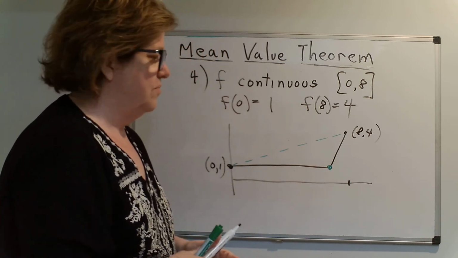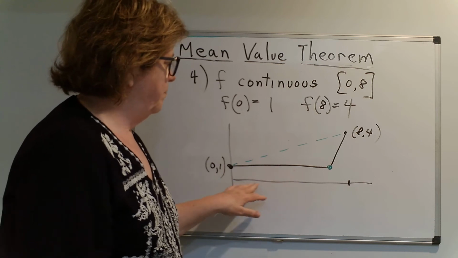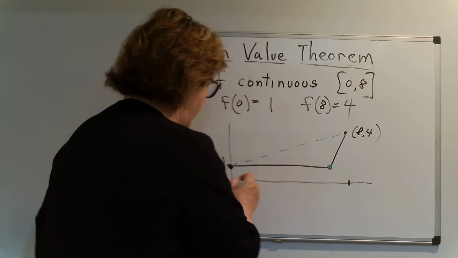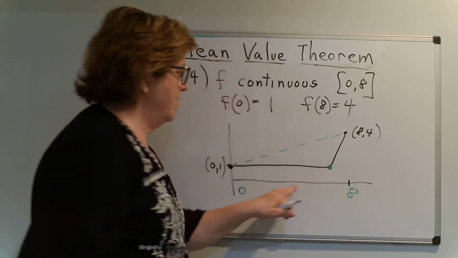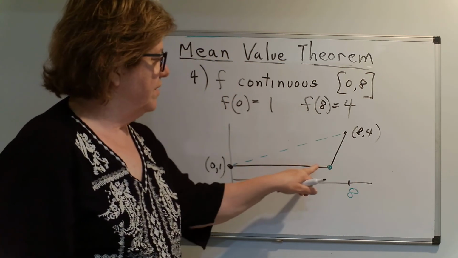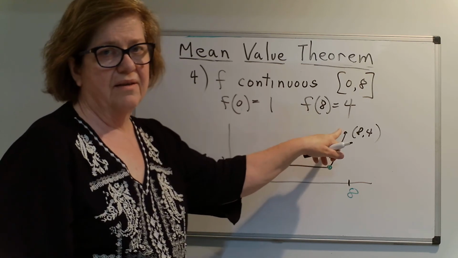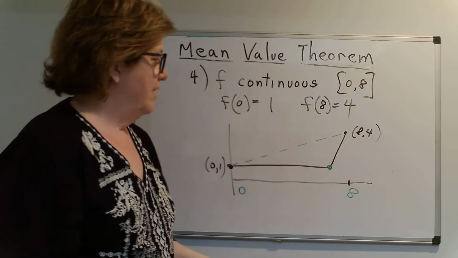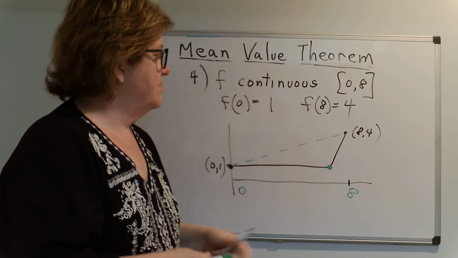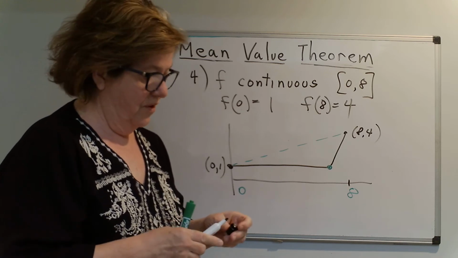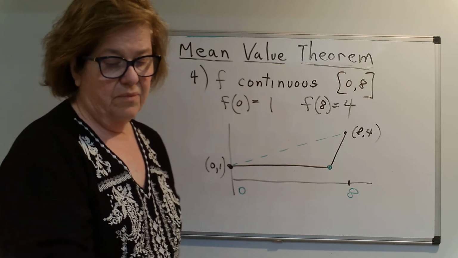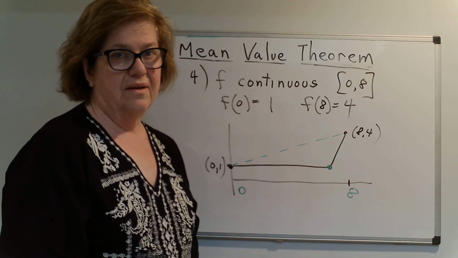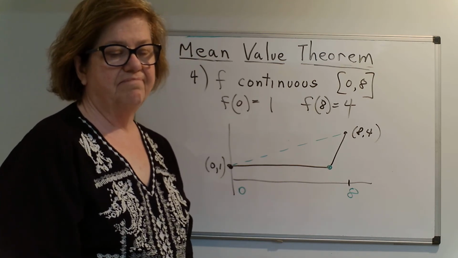So here's a case where there's no c between a and b, between 0 and 8. There's nothing in between there where the derivative of this function is equal to the slope of that tangent line. There isn't any. So this is a good example of a function that doesn't satisfy the mean value theorem because it's not differentiable throughout the interval 0 to 8.